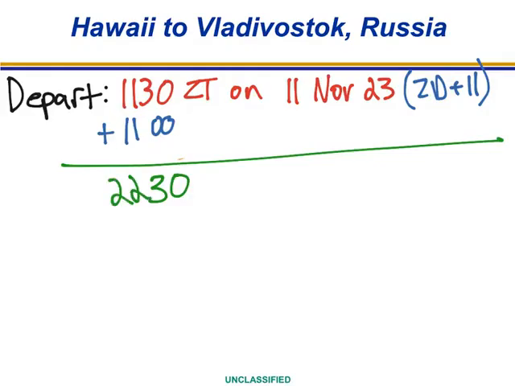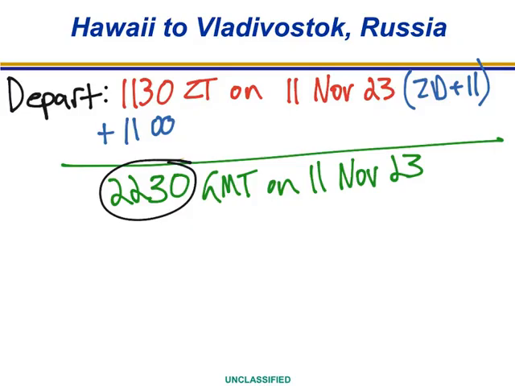So we're going to depart at 22:30 GMT on 11 November 2023. Luckily for us, our hours and minutes do not go over to the next day, so we don't need to change the day. So this tells us that we're going to depart our box off the coast of Hawaii at 22:30 GMT on 11 November 2023.